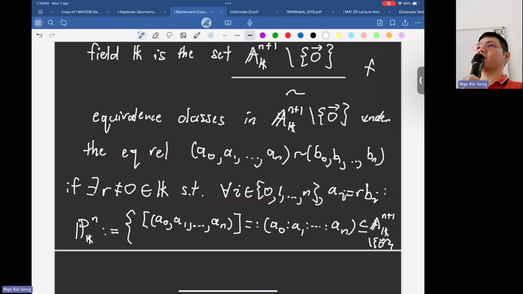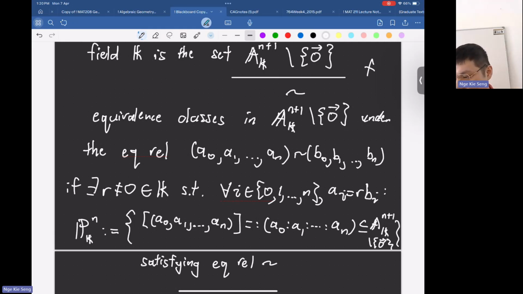As long as we have the equivalence relation, it will partition the set. You want to ask something? No, okay. So where do we get this equivalence relation? This is the equivalence relation from the tilde we defined just now.